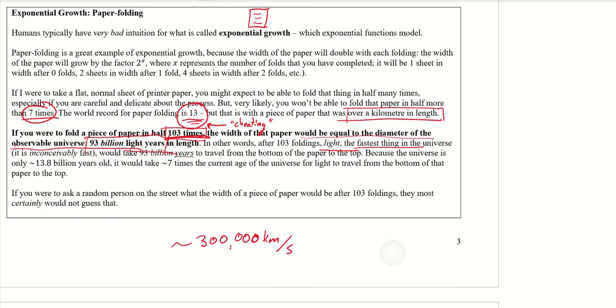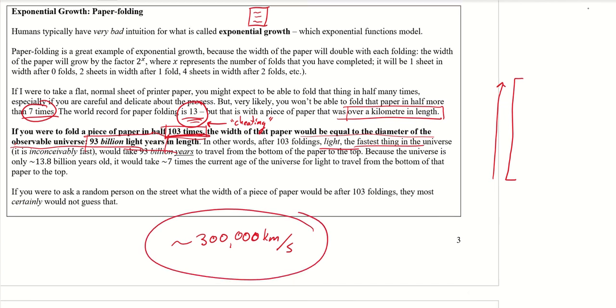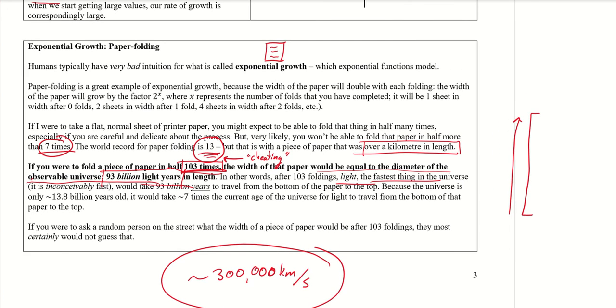And if you were to fold a piece of paper in half 103 times, how tall would that stack of paper be? It would be so tall that it takes light, which travels at 300,000 kilometers per second, 93 billion years to travel from the bottom of that stack to the top.